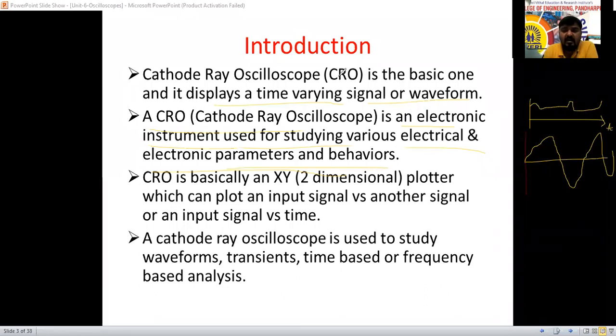I don't know how many of you know this. Previously the basic engineering branches were civil first, then electrical, then mechanical. These are the three basic engineering branches.